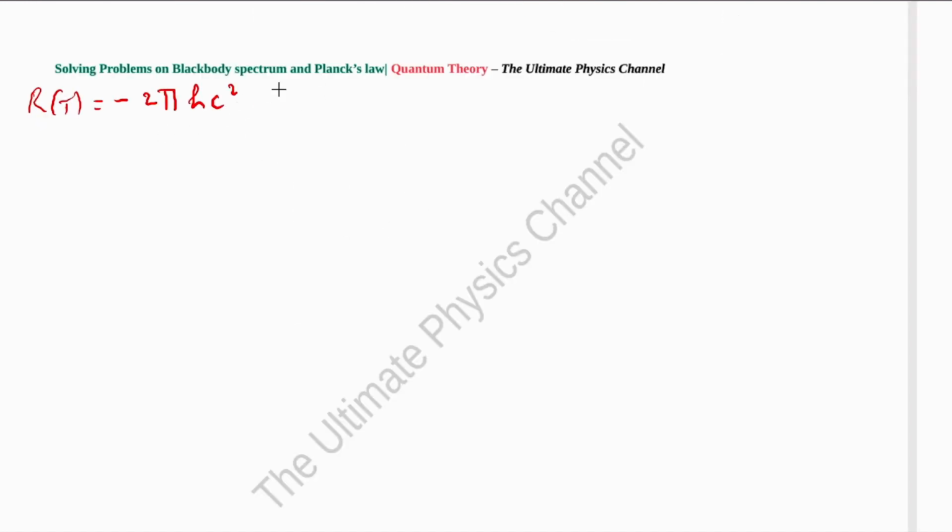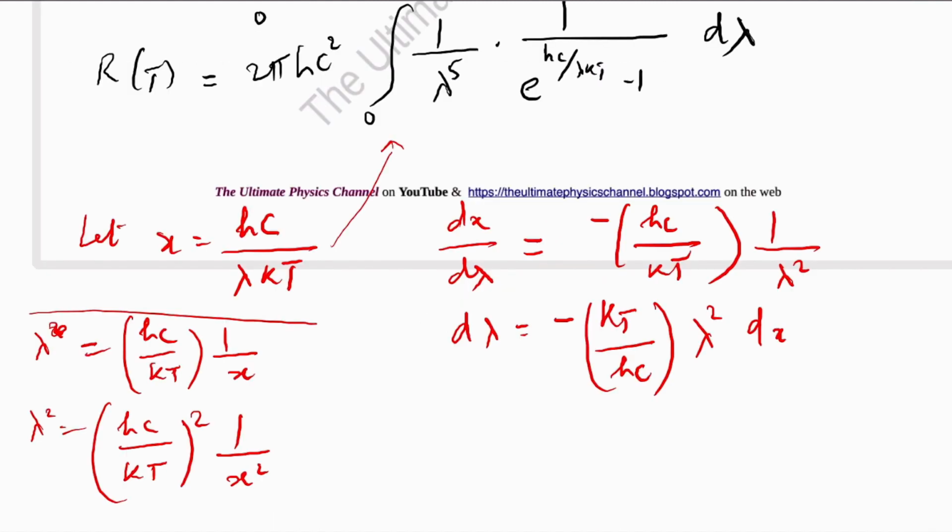And then we have to integrate between infinity to 0 in this case, because in the original integral we have 0 to infinity limits, but here we are swapping the limits simply because x and lambda are inversely related.